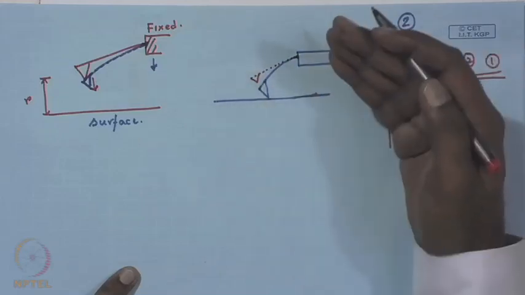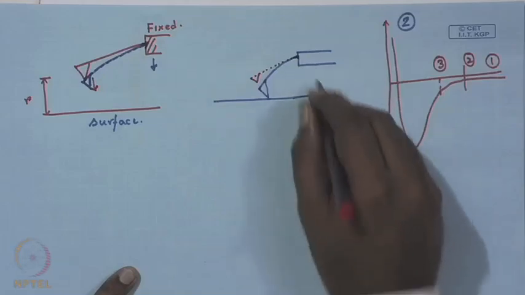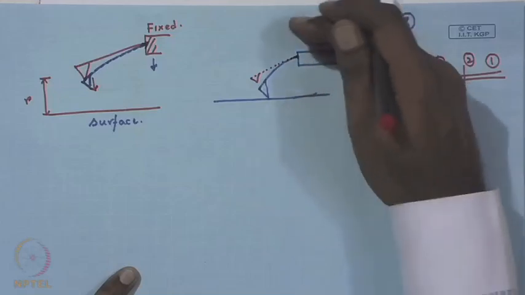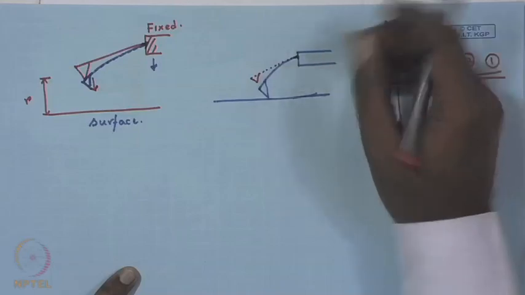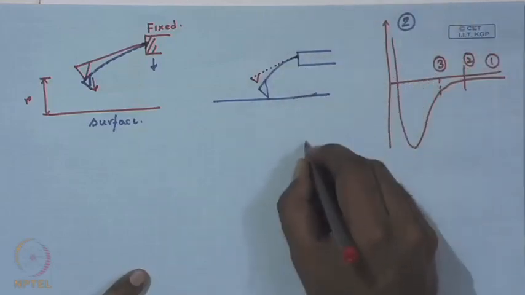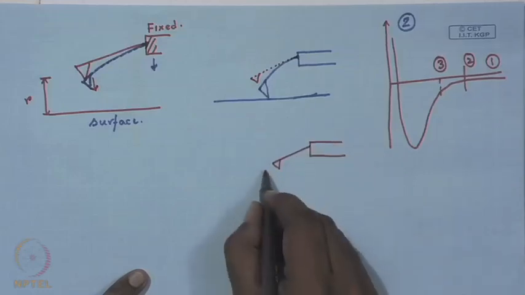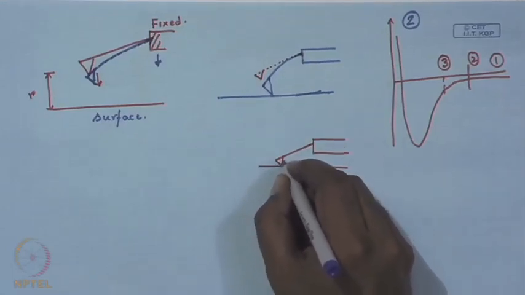So, anyway, had there been no interaction force or the spring was stiff enough not to deform to these intersurface forces, even then, because of the vertical movement of the stepper motor, since you are bringing in the cantilever close to the surface, it would have touched. But let us say it would have touched at a separation distance of r0. Now, let us hypothetically consider a case where you have taken a very stiff spring which does not deform to the intersurface forces.